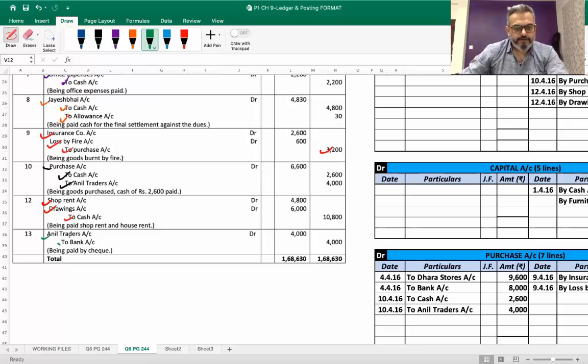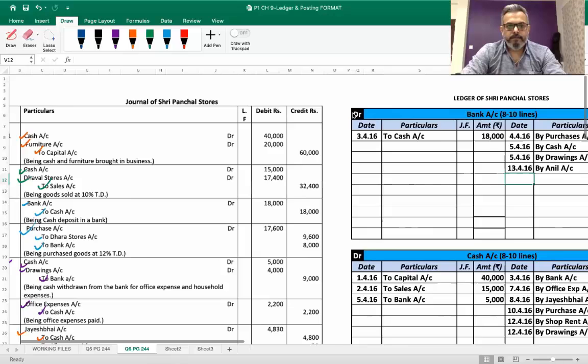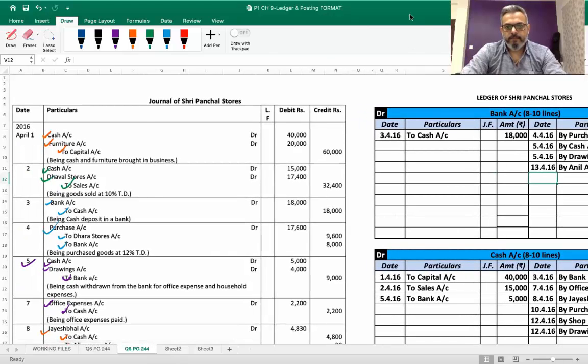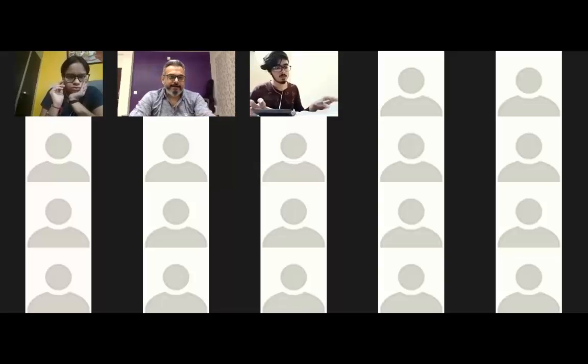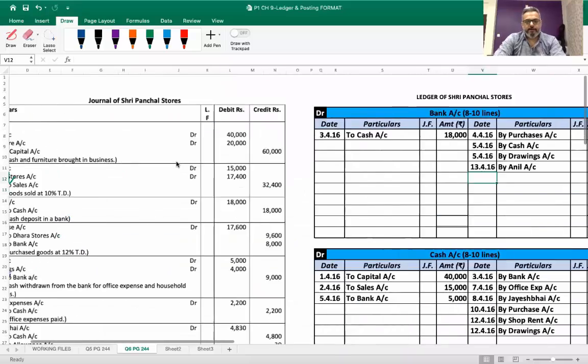Go through all the journal entries and cross-verify the posting first before we start closing. Keep calculators handy and let's start closing.